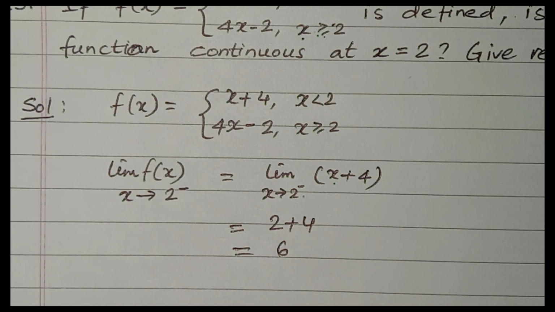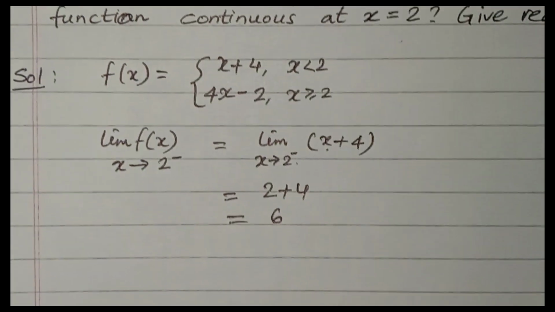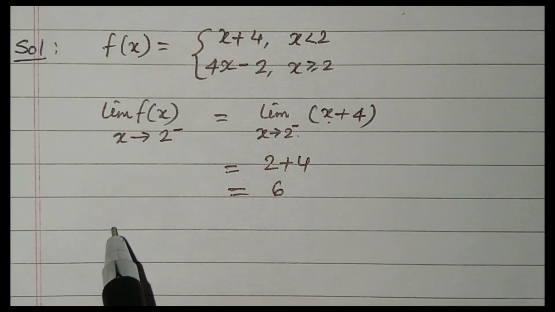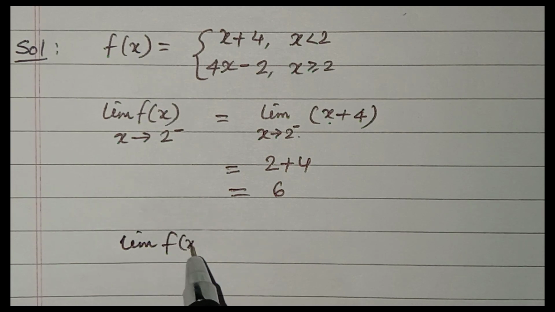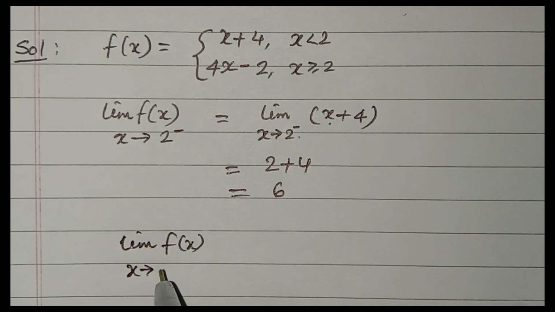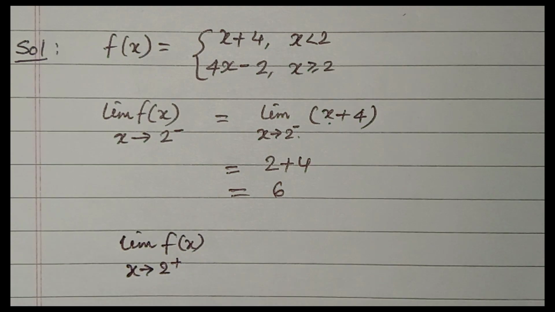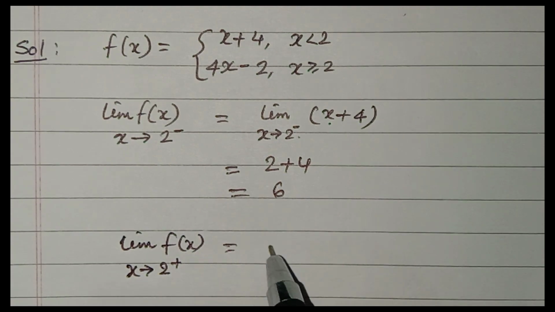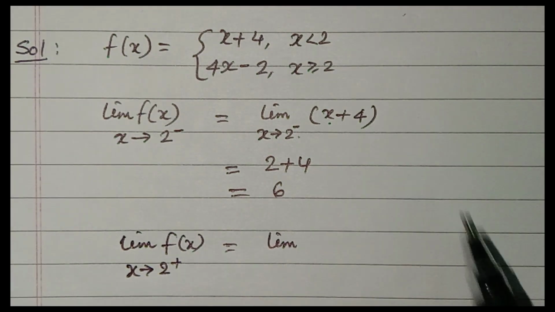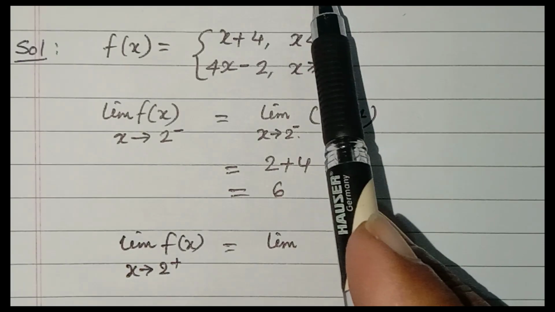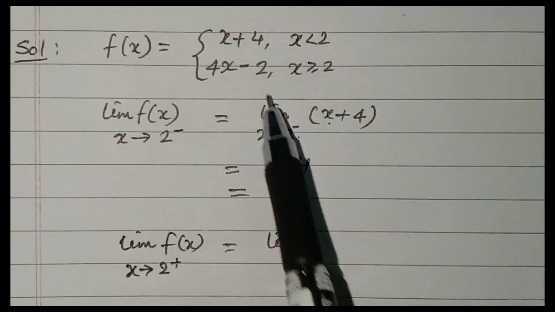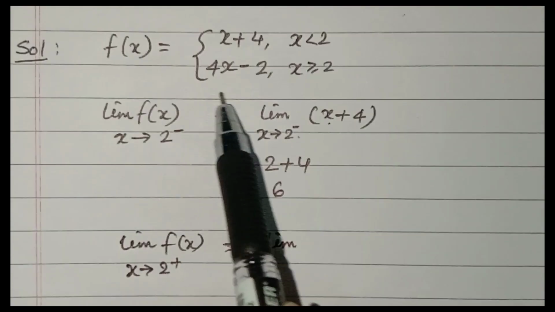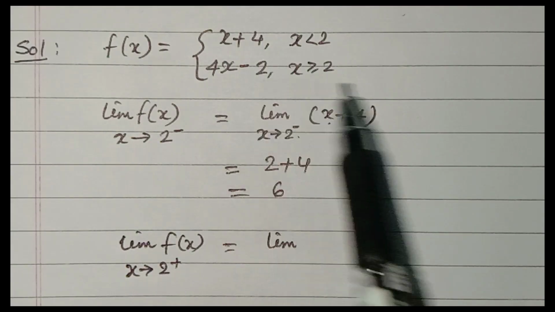Now let's check the right hand limit of function f(x) as x approaches 2 from right hand side. When x is greater than 2, the function is defined as 4x minus 2.